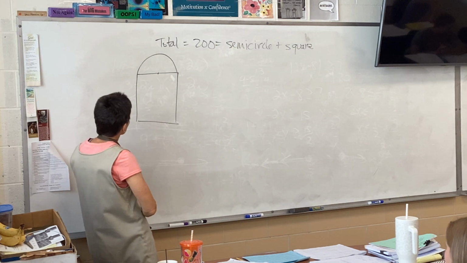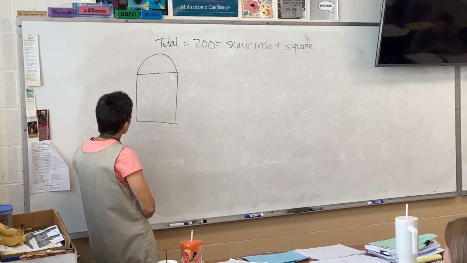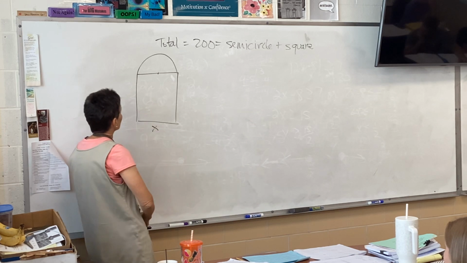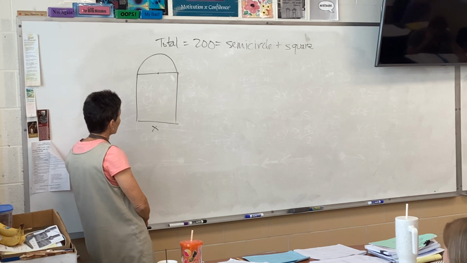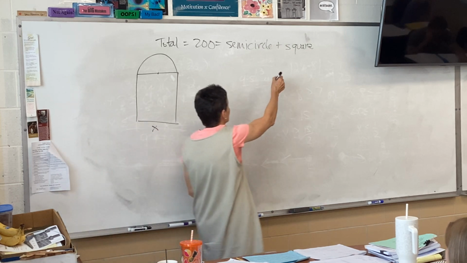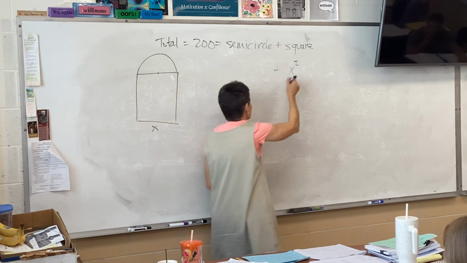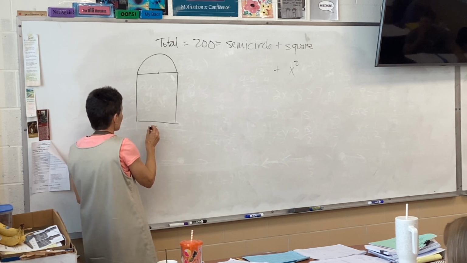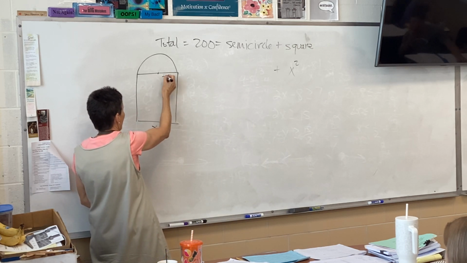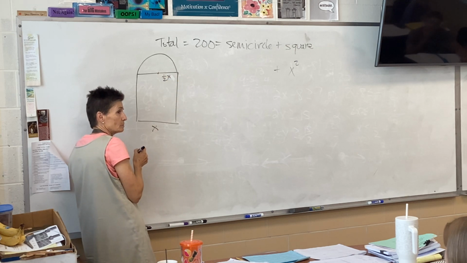So maybe we'll call this x. If that is x, what's the area of the square? X squared. Yeah, that's easy. Okay, now if that's x, this will be half x or x over 2.